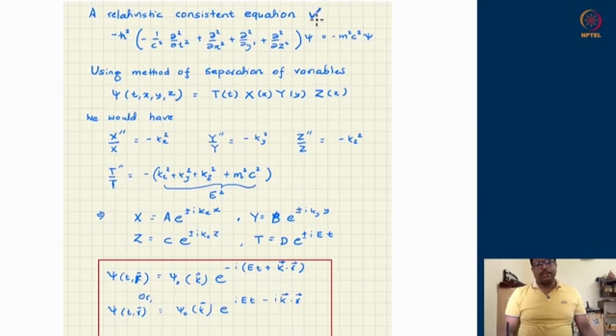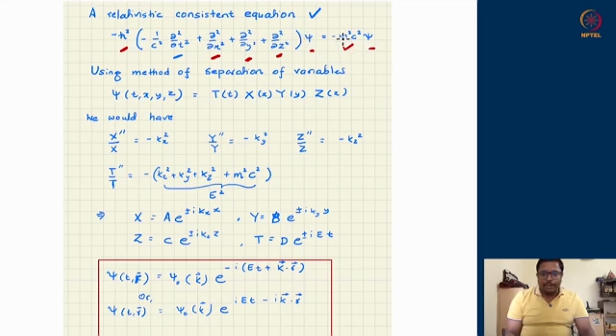The relativistically consistent Klein-Gordon equation, when written in partial derivative form in Cartesian coordinates, can be written as: minus 1 upon c square double derivative with respect to time plus double derivative with respect to x, y, and z, hitting the wave function psi, with a minus h naught square multiplied from the left hand side, should be equal to some invariant quantity times the wave function.